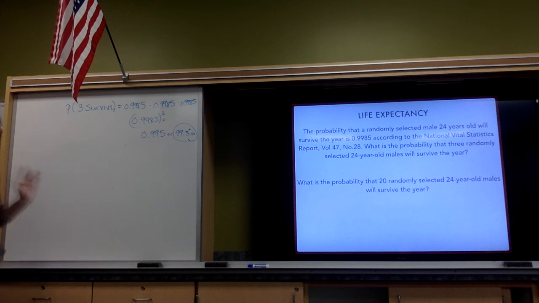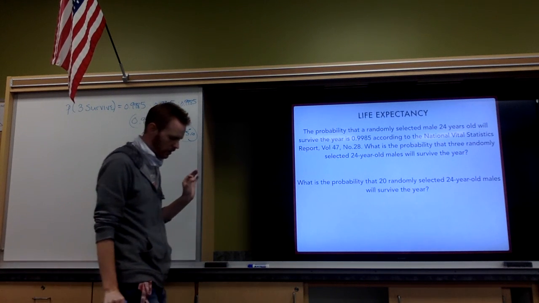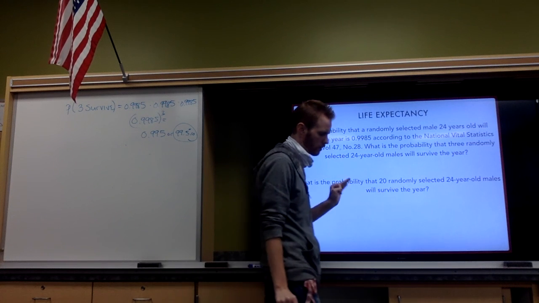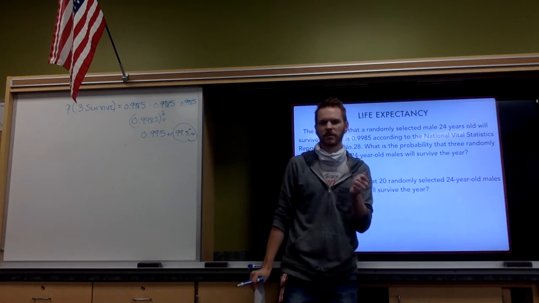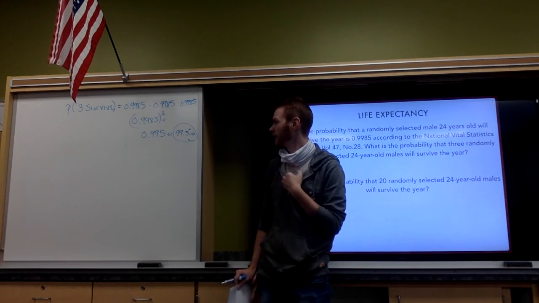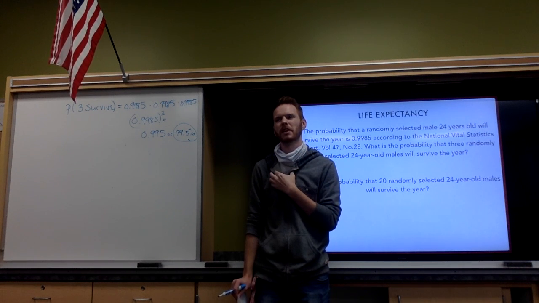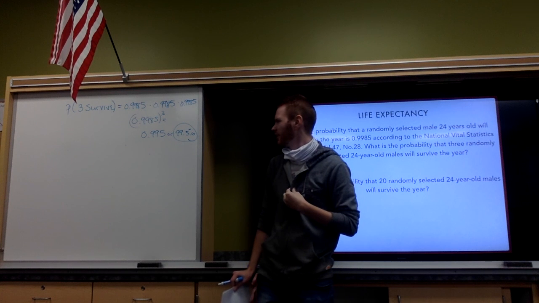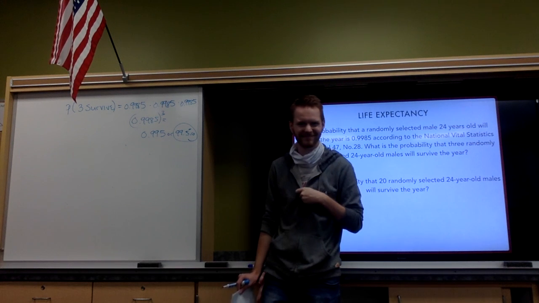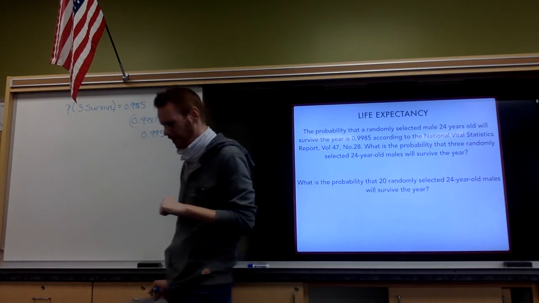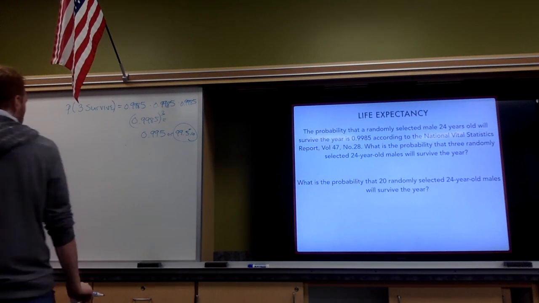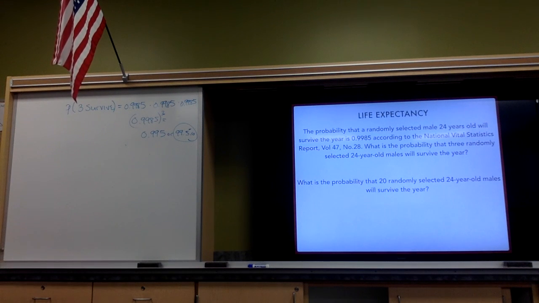So you have a 99.5% chance that you select 3 males at 24 years old to survive the year. Okay, that's a good thing. So think of it this way: years down the line when you turn 24, the odds of you surviving is pretty good until they update different variables and different factors and stuff, and just how the year goes.